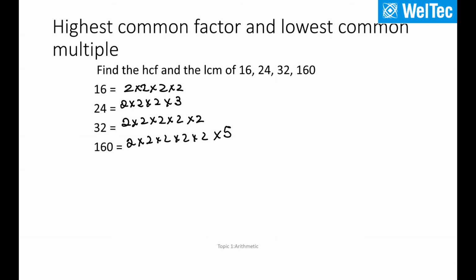So if we're going to find the HCF, there'll be those, and there'll be those. So that's 2 times 2 times 2, which is 8.